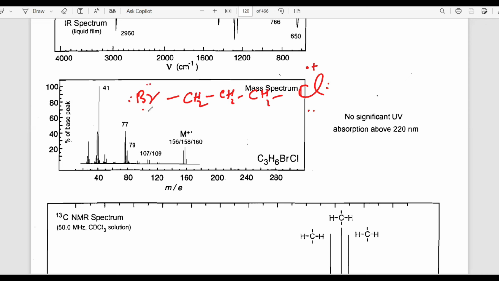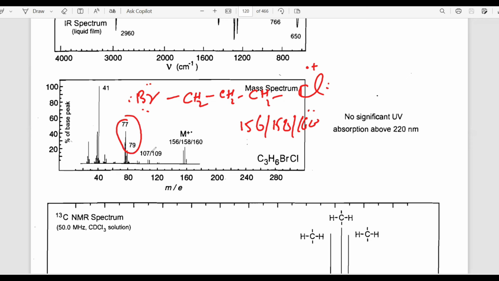This molecular ion peak is going to appear in the range of 156, 158, and 160 because chlorine and bromine both will give you M+2 peaks. Bromine is present in the form of 2 isotopes, bromine 79 and bromine 81, while chlorine is present in the form of chlorine 35 and chlorine 37.